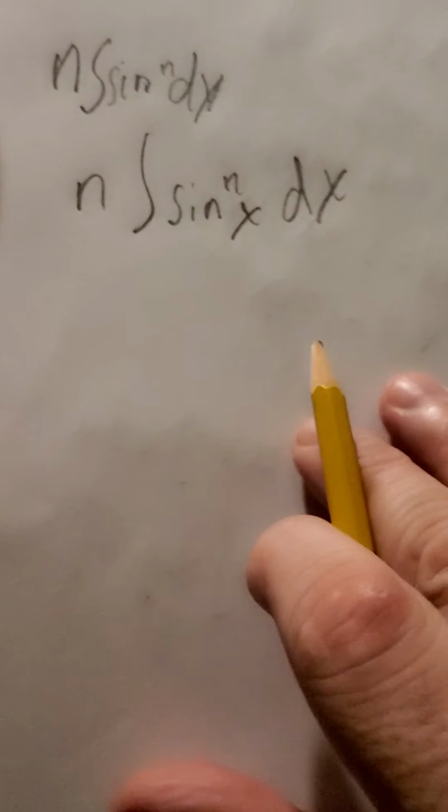So if I have that, I'm going to have n sine to the nth of, like that. Oh, let me write it again. N times the integral of sine to the nth of x dx equals this.